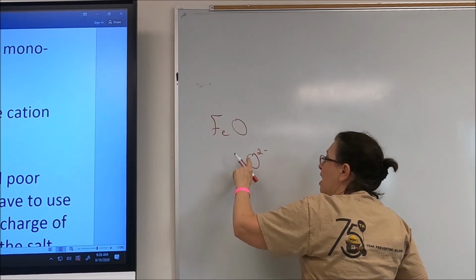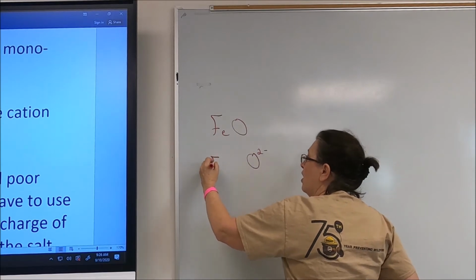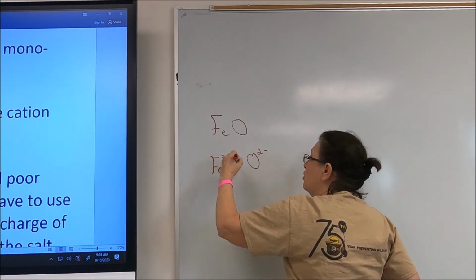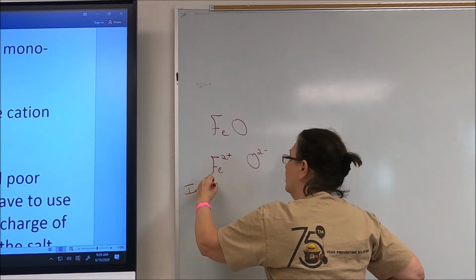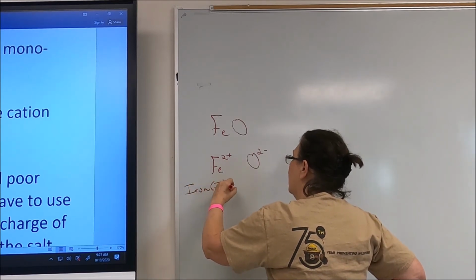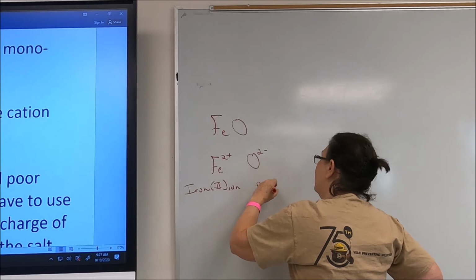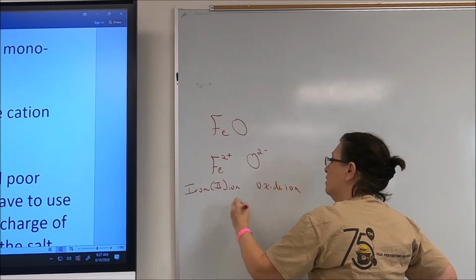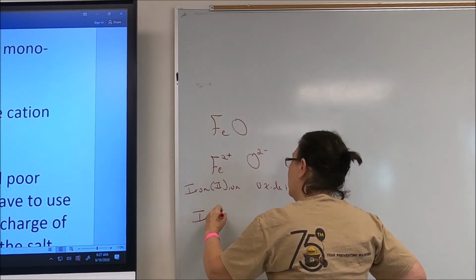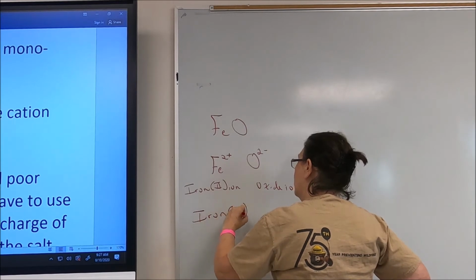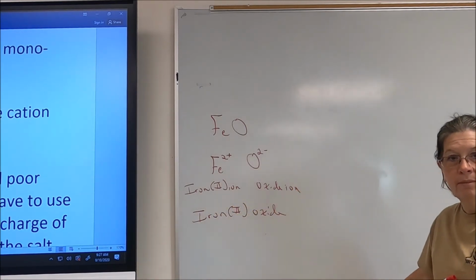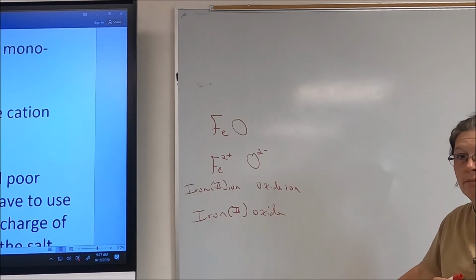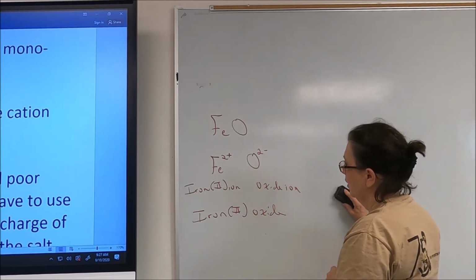Since the iron and the oxygen are in a 1-to-1 ratio, I know the iron has to be 2 plus. So this is the iron 2 ion, and this is the oxide ion. So we would just name this iron 2 oxide. Okay?